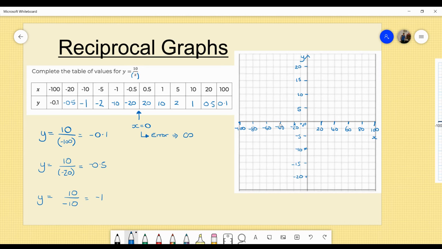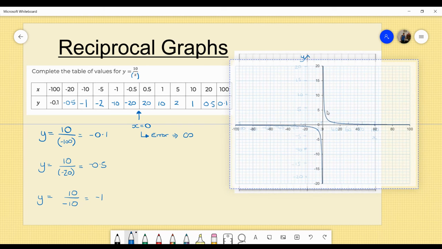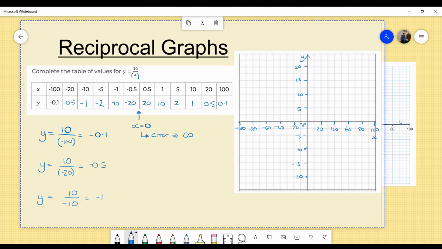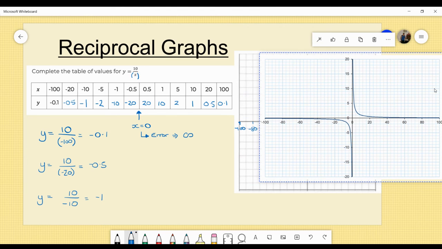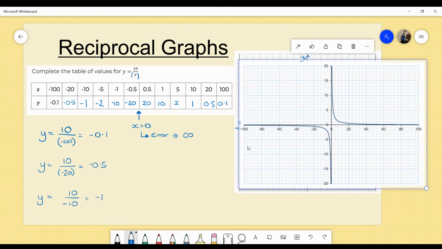Now, based on my other graph drawing skills, you can see that it's not going to come out particularly easy for me on here. So we're going to do a Blue Peter moment of here's one I made earlier, just so that you can see this is what a reciprocal graph should look like when drawn. So it often has the two different parts of the graph. Two separate ones, and it's often separated by two lines.